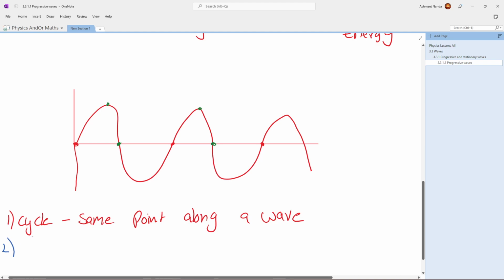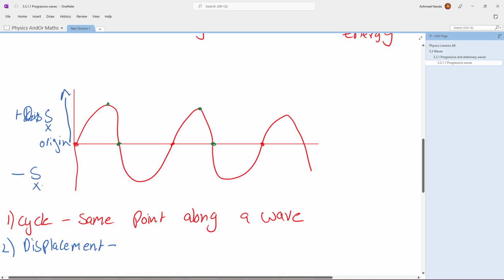Secondly, we have the displacement, which is pretty simple. It's just this one over here. So how far the wave is from its original point. So this is the origin. That means this is positive displacement, and this is negative displacement. Or, well, I'd rather say s for short, because displacement. In waves, it's actually x. You could refer to it as x meters.